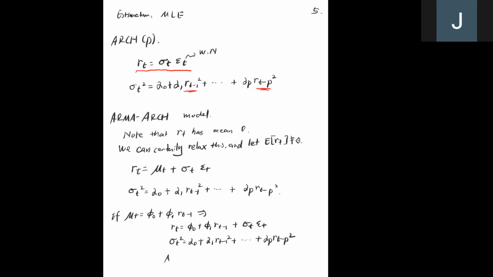So this is the AR(1)-ARCH(P) model. You can see the AR(1) part is this, and the ARCH(P) part is this.